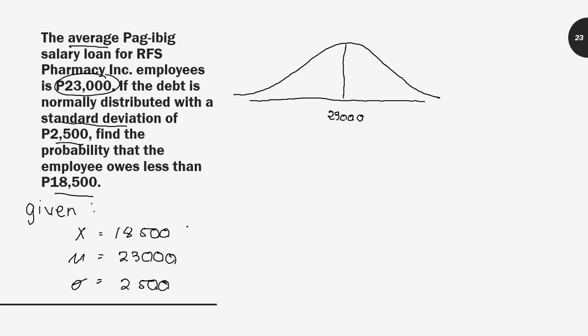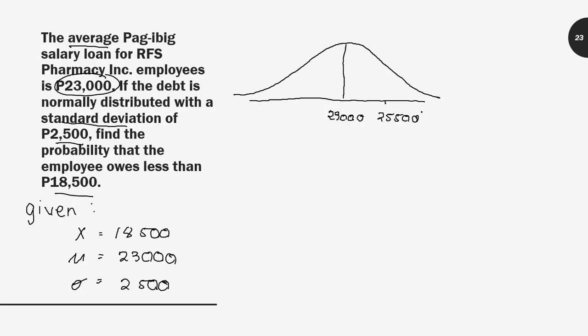So for example here, kapag si 23,000 mga anak, dinagdagan ko siya ng 2,500, magkakaroon po tayo ng 25,500. So masyado na siya malaki for 18,500. So ibig sabihin yan, wala po sa right side yung x po natin. So try naman natin mag-subtract ng 2,500 dito sa 23,000 po.